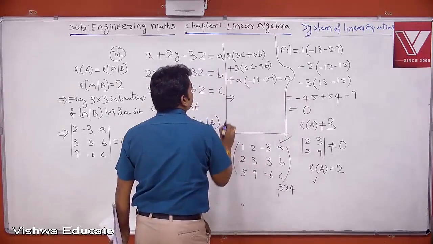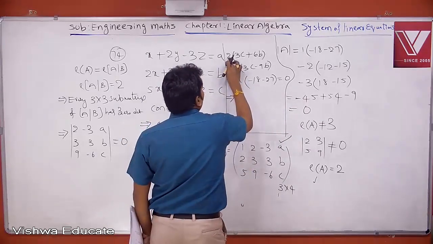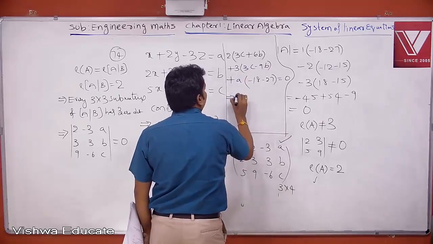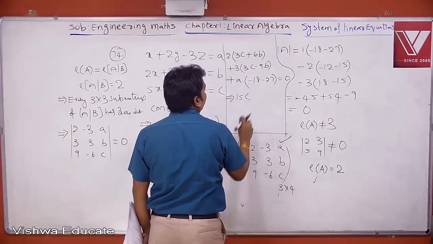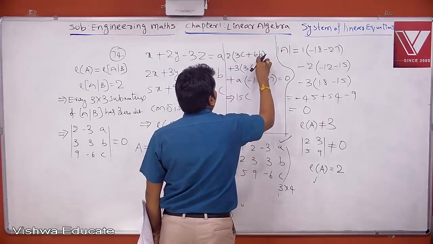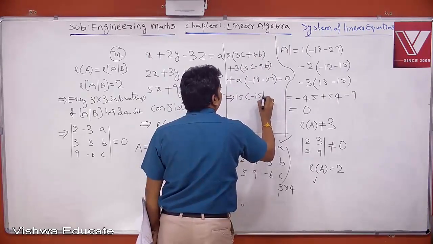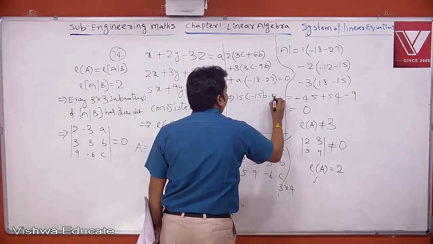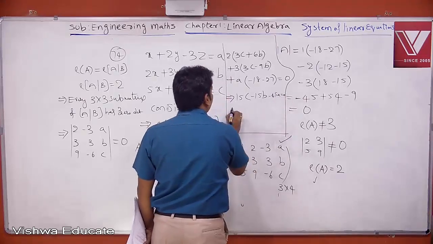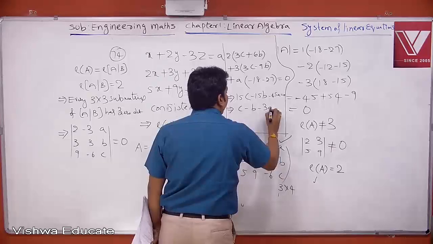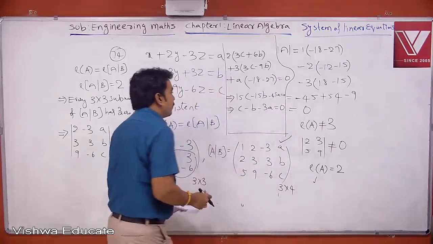This implies 2 into 3, 6c plus 9c, this is 15c. 2 into 6b, 12b, 12b minus 27b, minus 15b. This is minus 45a equal to 0. So take 15 common, you will get c minus b minus 3a equal to 0.